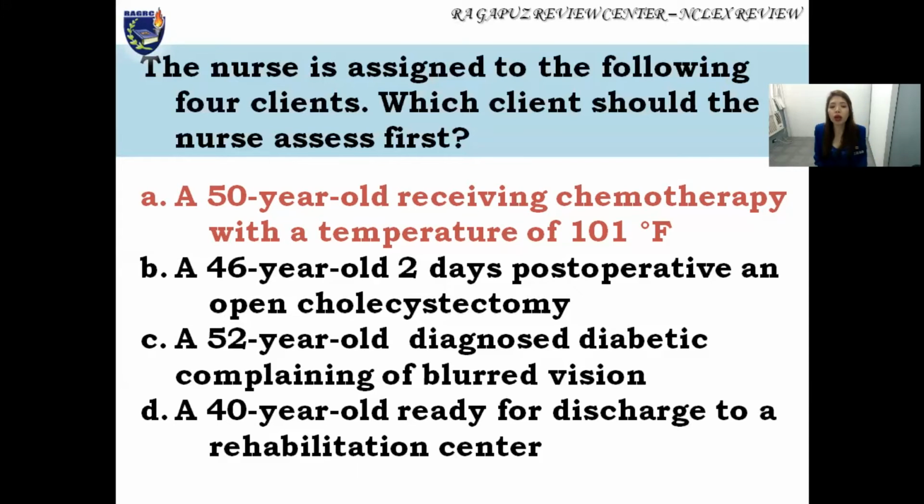As compared to your letter B, 46-year-old 2 days post-operative with an open cholecystectomy that is not presenting any complication. The letter C, a 50-year-old diagnosed diabetic complaining of blurred vision. Well, diabetic itself is a chronic condition. So between acute and chronic, you have to prioritize the acute. So that will leave us the answer letter A.